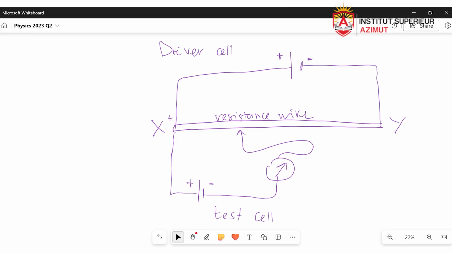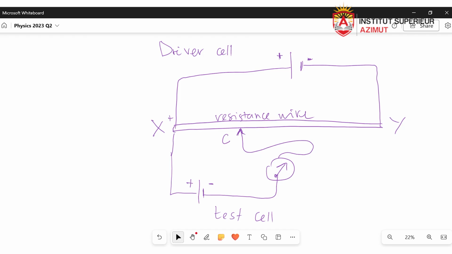And then we have the point at which this lower loop comes in contact with the resistance wire. We call it C. Initially C is closer to X, and then we progressively slide the point of contact C towards Y and observe the reading on the galvanometer.